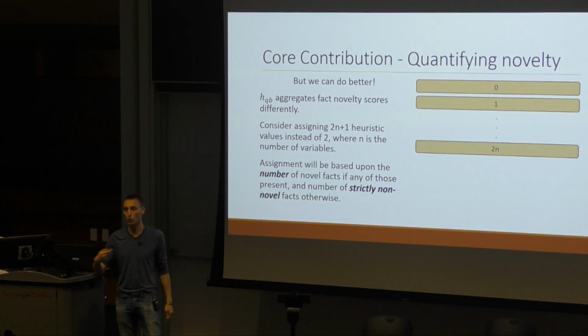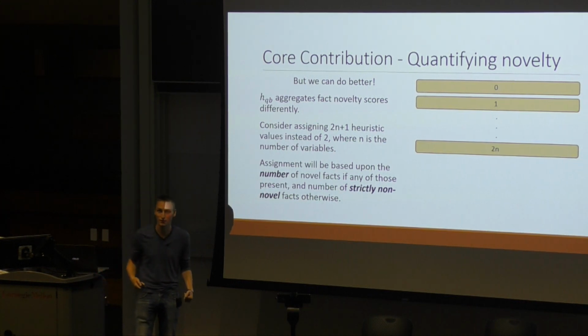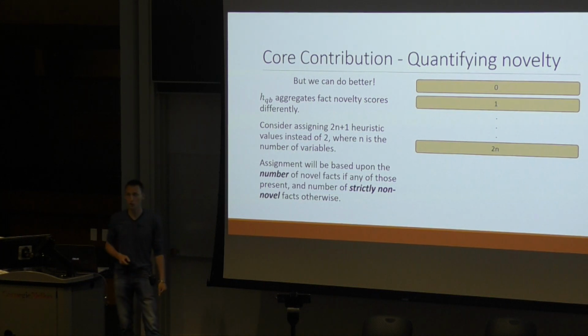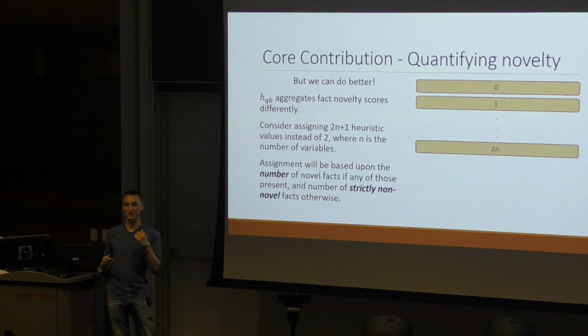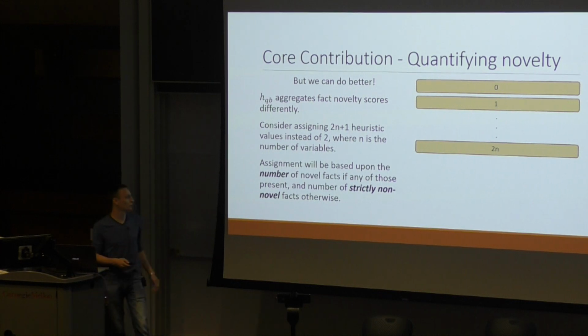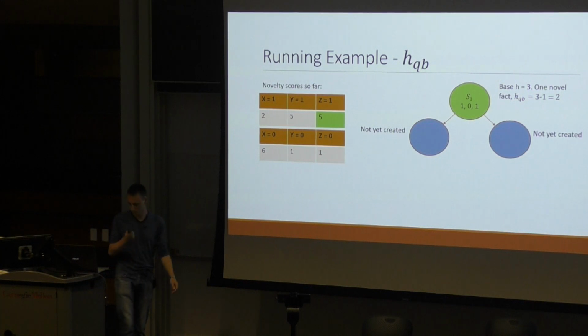So a state with more novel facts will get a lesser heuristic value and will be opened earlier. And if the state had no novel facts, we'll check how many facts are strictly non-novel here. And we will add the amount of strictly non-novel facts that were observed with a strictly lower value to the amount of total variables, and this will be the heuristic value.